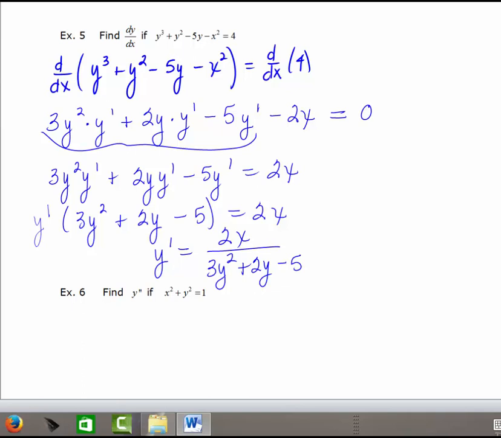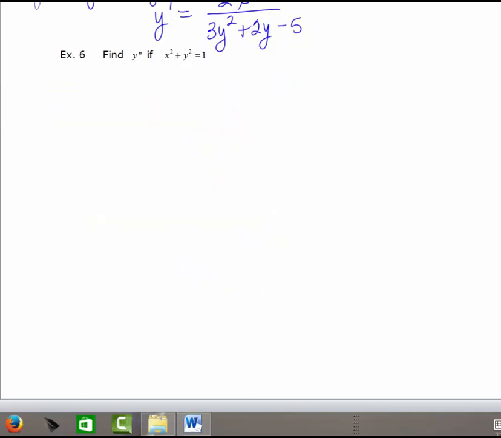So now let's look at finding the second derivative using implicit differentiation. So this is the same equation that we used at the very beginning, and we know that the first derivative is the opposite of x over y, but let's just refresh our memory how we did that.